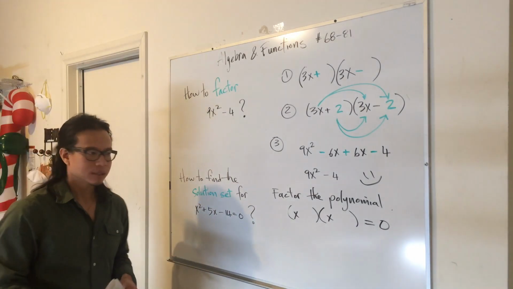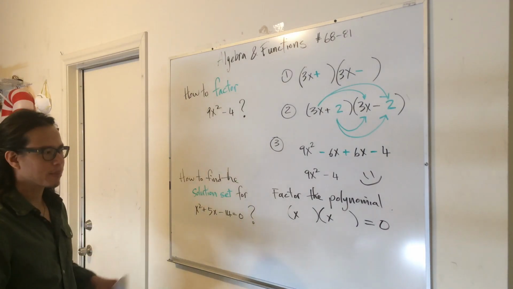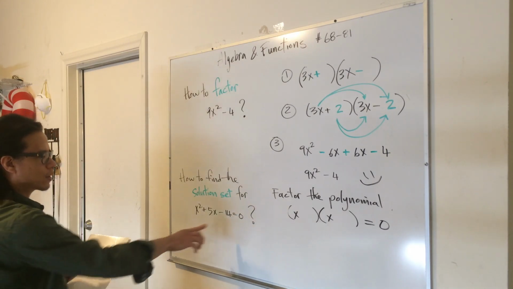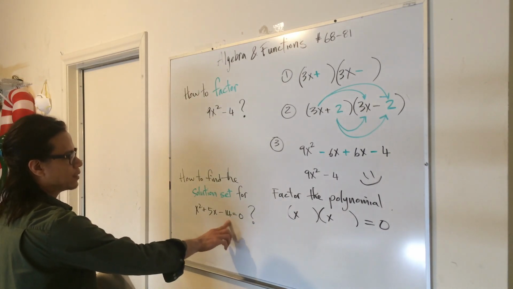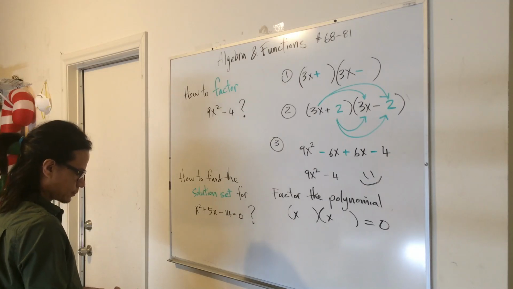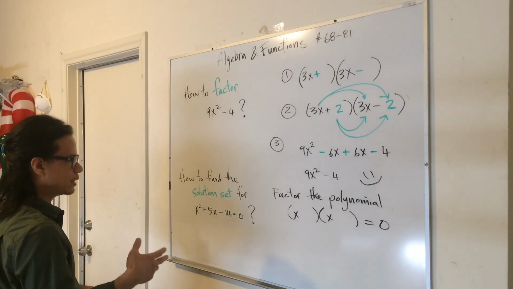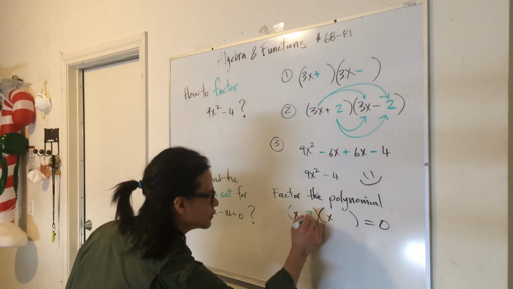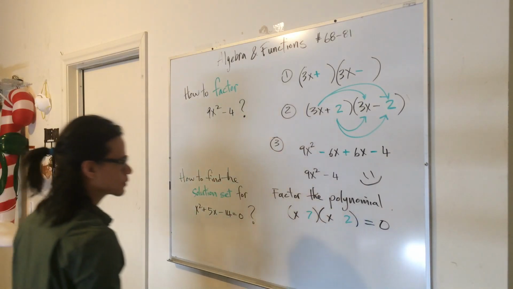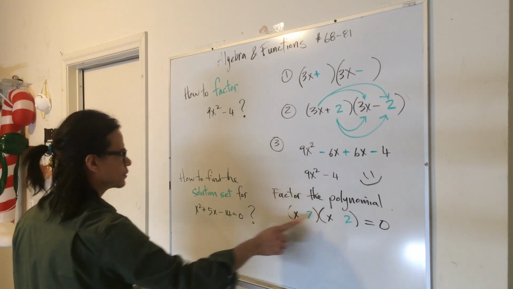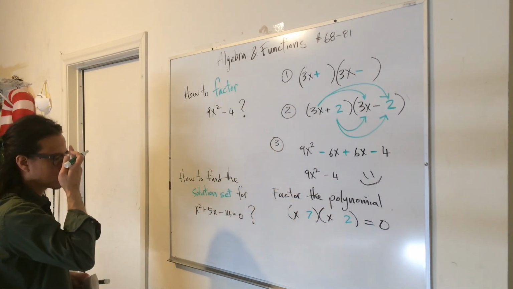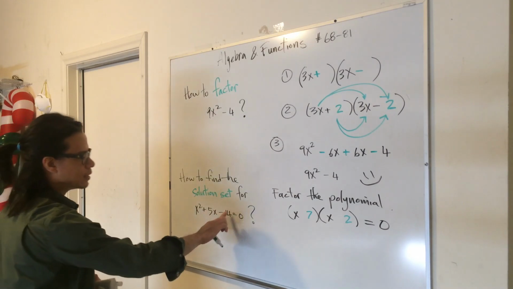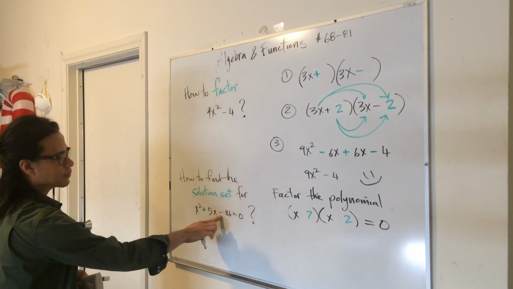This is a hard one. So, the best we can do is try it, okay? So what two numbers multiply to get negative 14? First number that comes to mind is 7 and 2. Okay, so I'm just going to roll with that. 7 and 2. Now, we don't know the signs yet. But we will. They need to multiply to get negative 14.